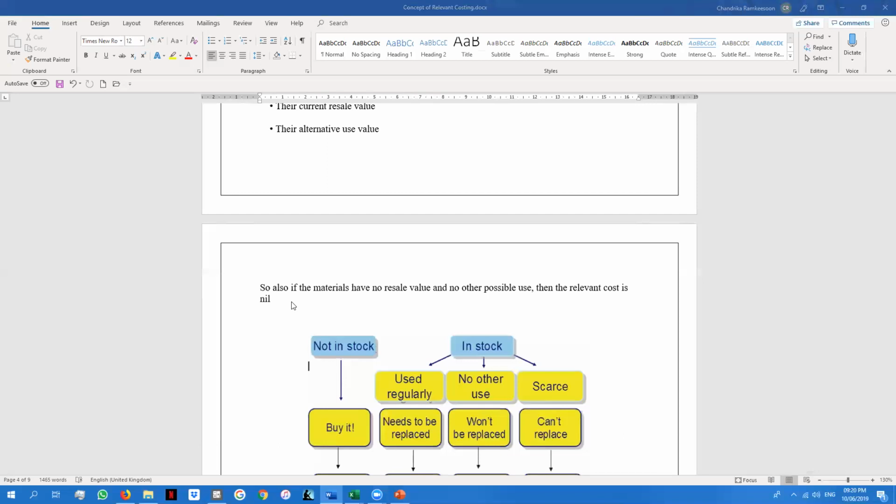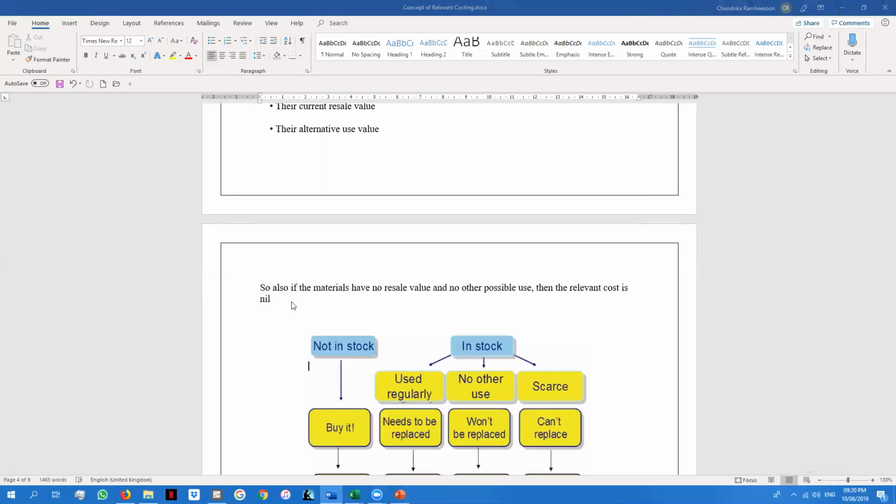Because if they had to not undertake the contract, they would have to pay a removal firm to get rid of it and pay them the $500. So the $500 is a cash flow. It's a relevant cost, therefore, in this case, a relevant savings for the customer to be charged to the job.